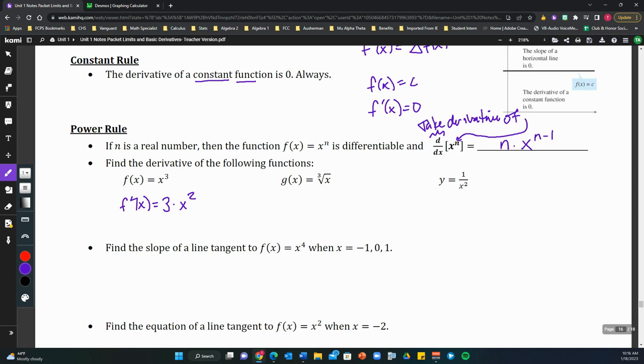One of the neatest ways that I've ever seen this explored is actually just through patterns. So I'm going to make a list of perfect cubes. 1 cubed is 1, 2 cubed is 8, 3 cubed is 27, 4 cubed is 64, 5 cubed is 125, and 6 cubed is 216.